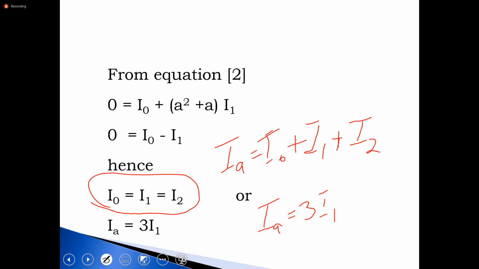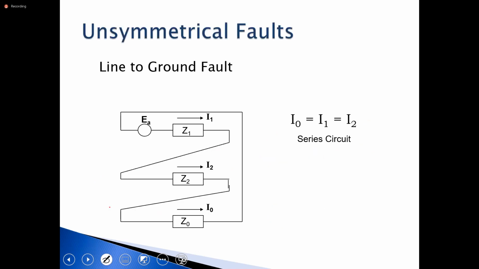Now, if for the network the zero sequence current is equal to the positive sequence current is equal to the negative sequence current, the only condition for these three circuits to have the currents being the same is that the sequence networks are connected in series. And remember, we also stressed the direction of the current.